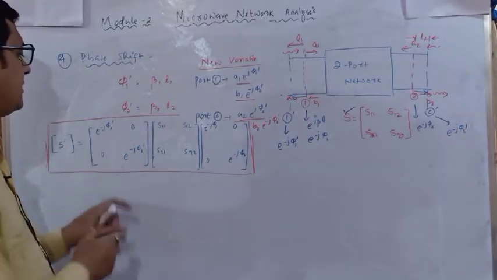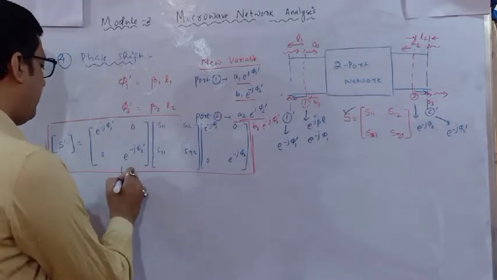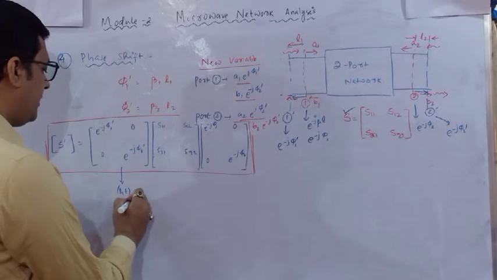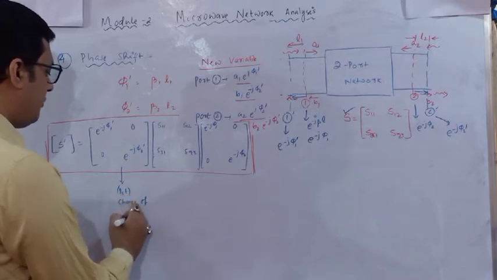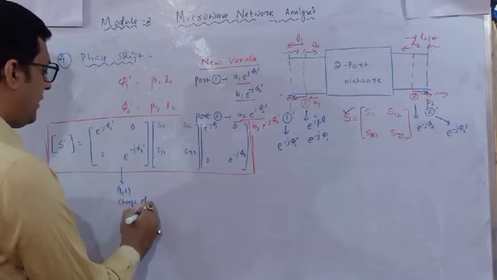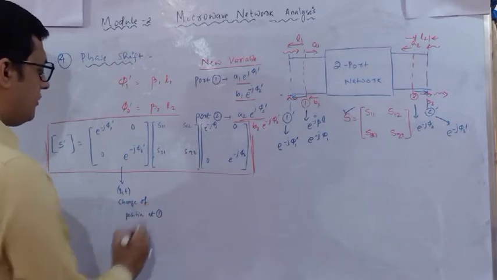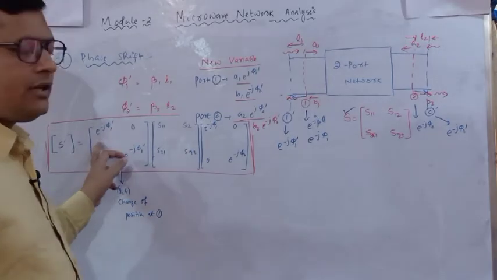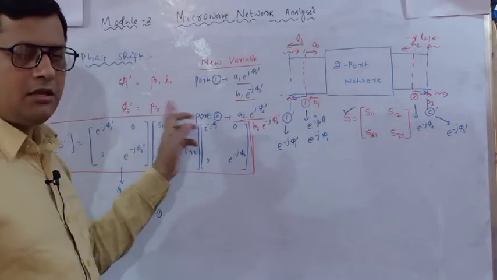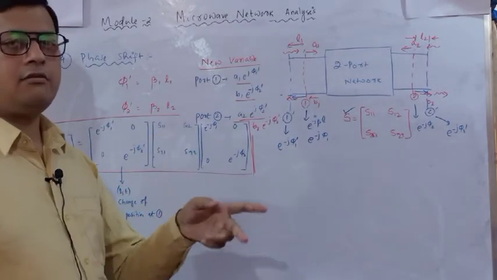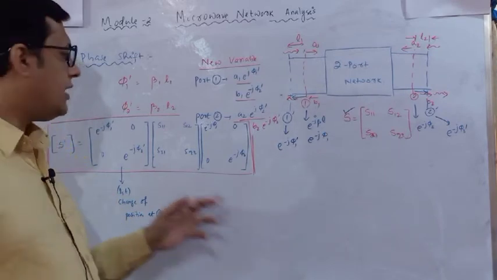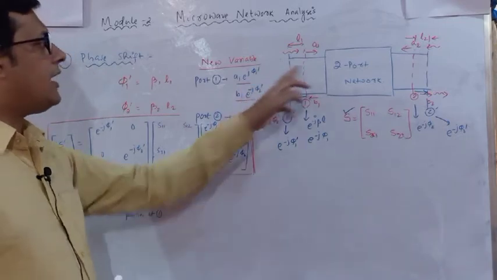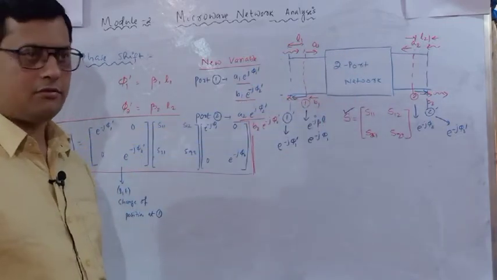So first, this first matrix indicates the change of position at port 1. If there is a change in position at port 1, you will get e to the power minus j phi 1, 0, 0, because S12 and S21 both will be 0 and your reflection coefficient will depend upon e to the power j phi 1 and e to the power minus j phi 2.